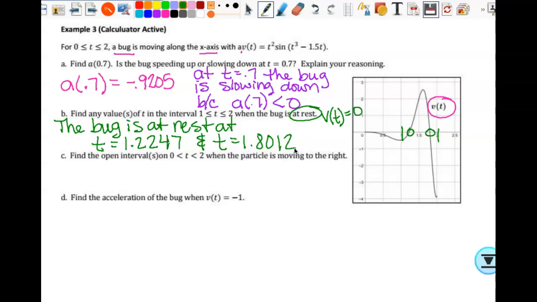Oh, and then do we have units? We don't, which I find strange. But if we did, we'd have to make sure we put it as seconds, but they didn't give them to us, so it's fine.